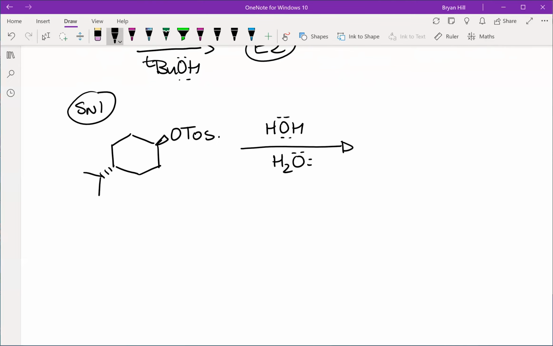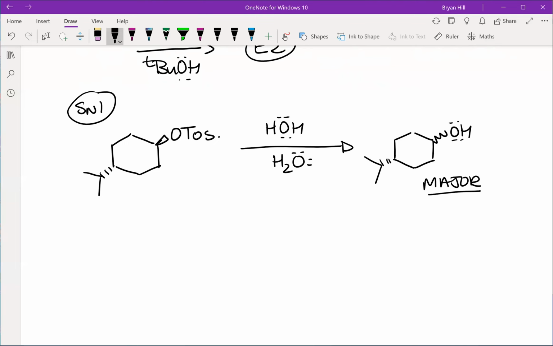We would make sure that it's basically a hydrolysis reaction. Water is both the solvent and the nucleophile. And so this would give us a mixture of products, OH. So this would proceed with racemization. You might see a little bit of E1 in there, but this would be the major product for this.